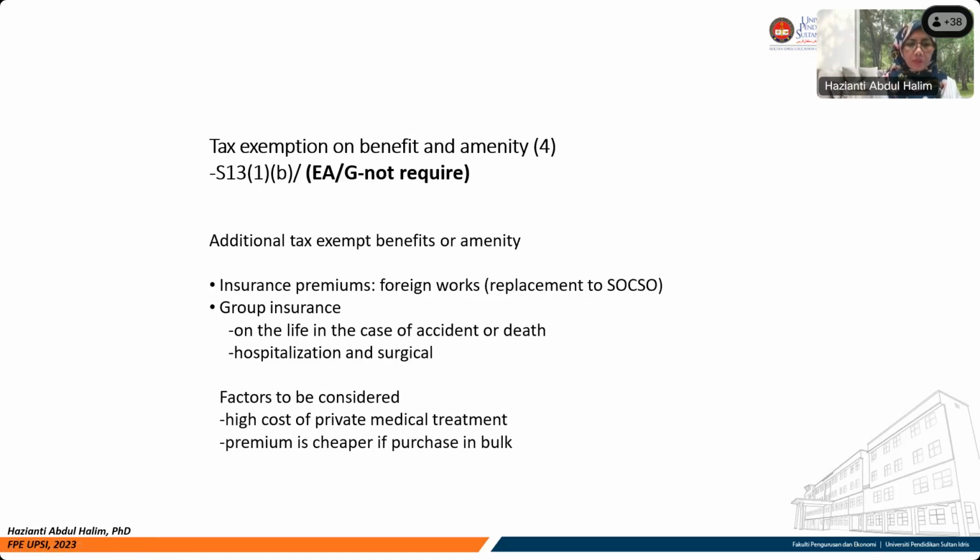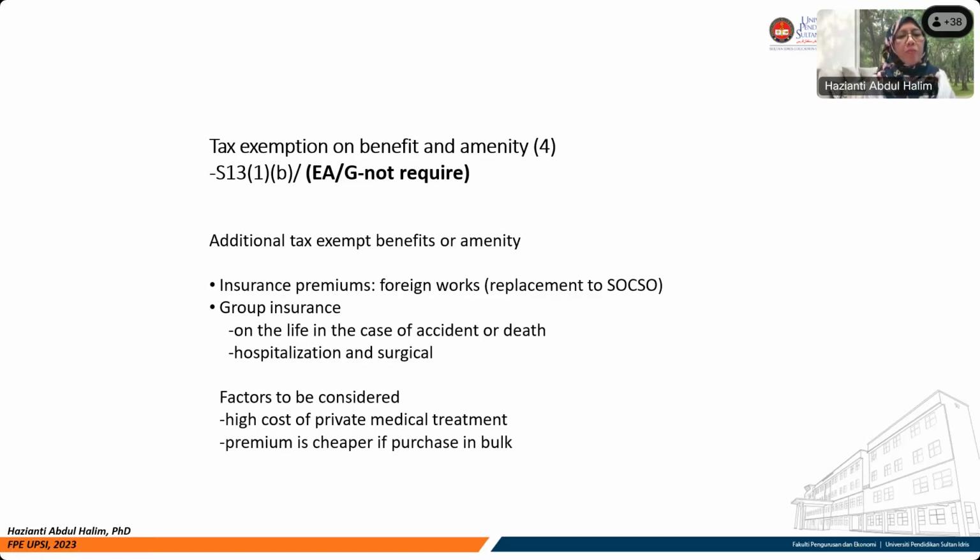Insurance premium or group insurance pun ada tax exemption. So maybe you might want to consider a group insurance. Okay, company kata kita ada group insurance, ambil lah. Because when you have a group insurance, and everybody knows now high cost of medical treatment, kalau pergi private lagi tinggi costnya.